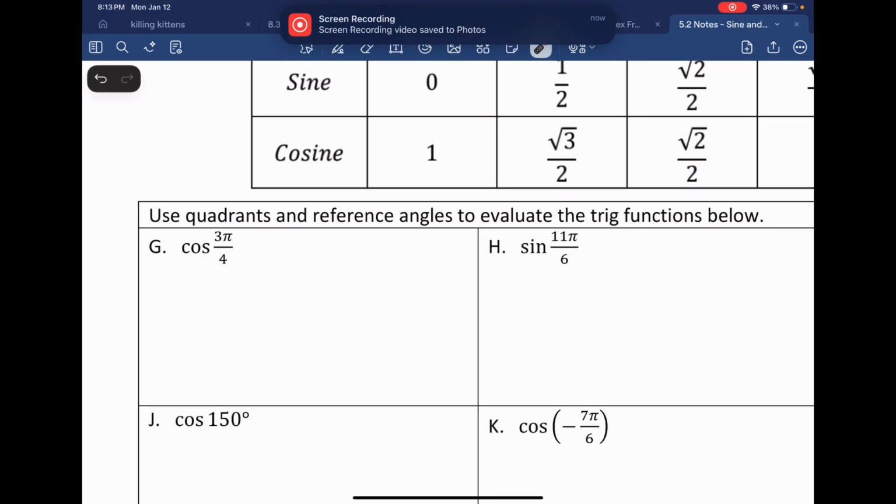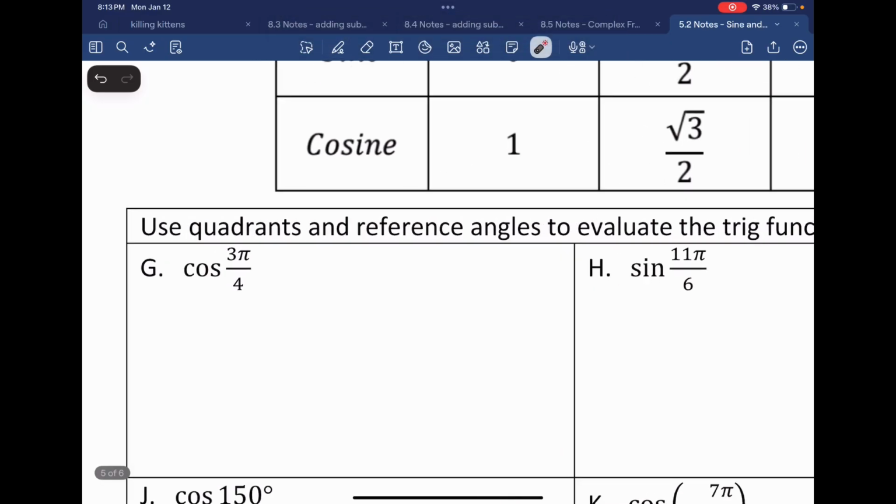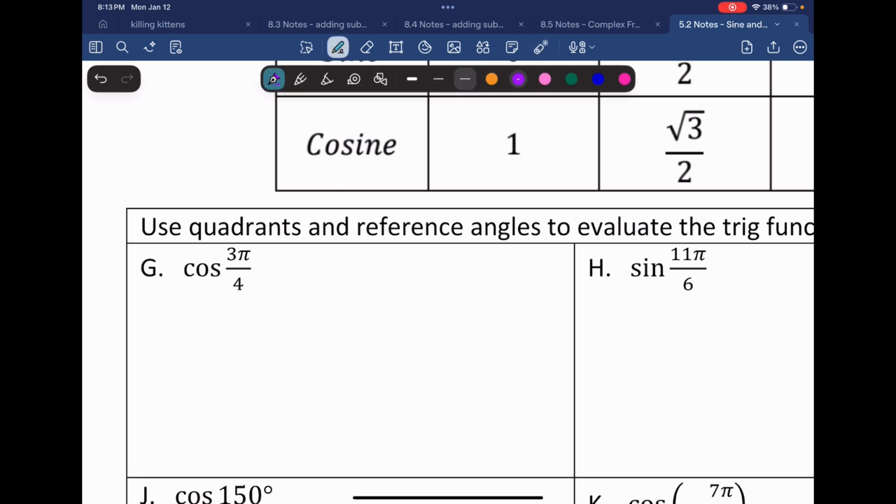All right, cosine of 3 pi over 4. I can use a whole bunch of different things on this. First thing I can use is the reference angle. Because it's an over 4, my reference angle is pi over 4, which means my coordinates are root 2 over 2, root 2 over 2. Next, it's cosine, so I'm looking at the x coordinate.